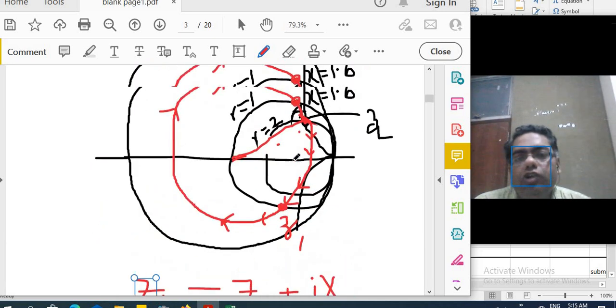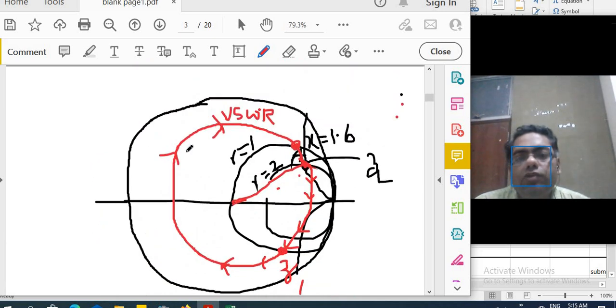And the Z2 value, if you travel further, you will reach this point. This point is an intersection of the VSWR circle and the r equal to 1 circle. I marked this wrong actually. This is not ZL, this is Z2. I forgot to write. This point is Z2.